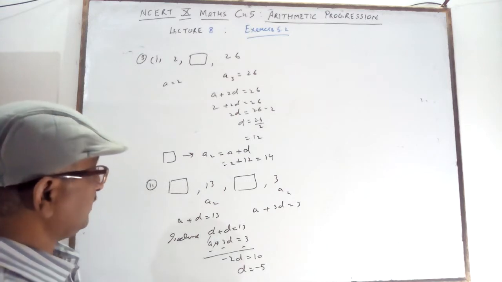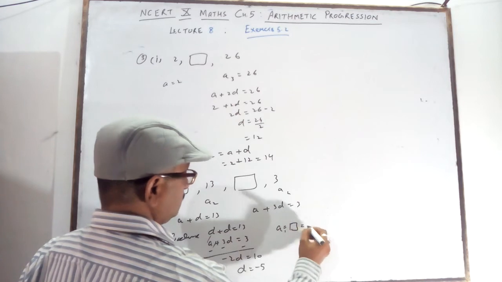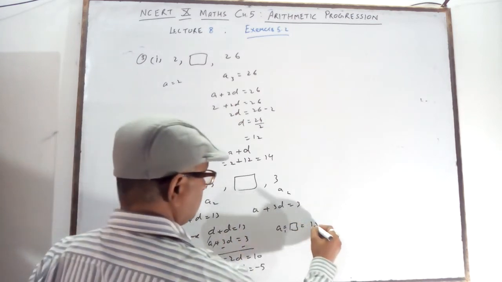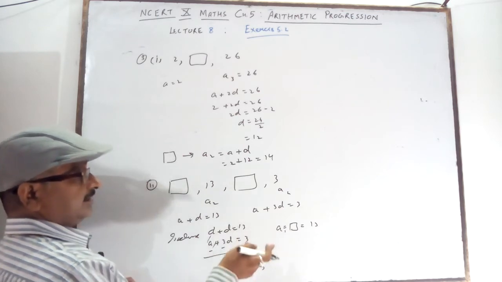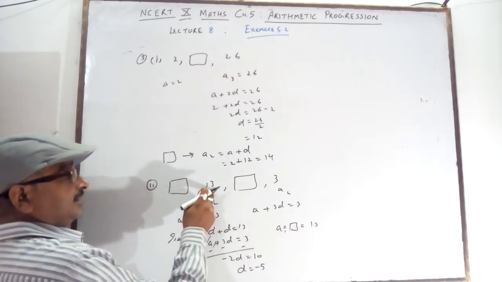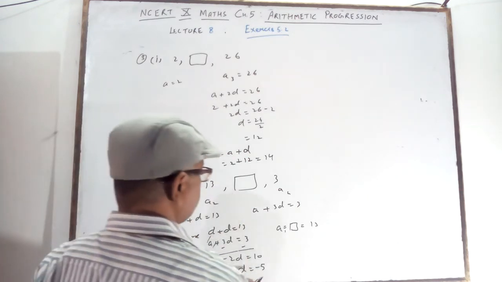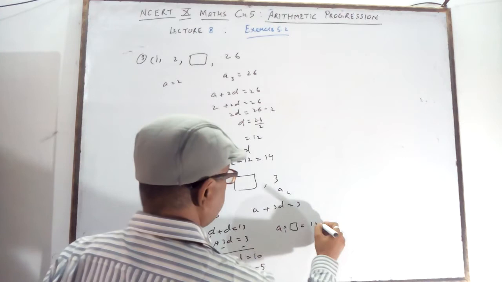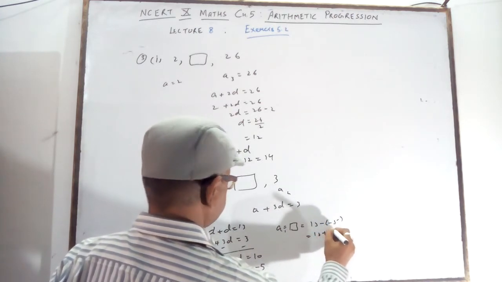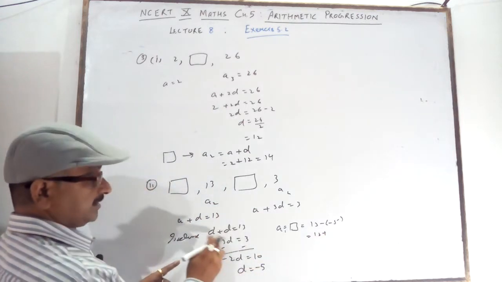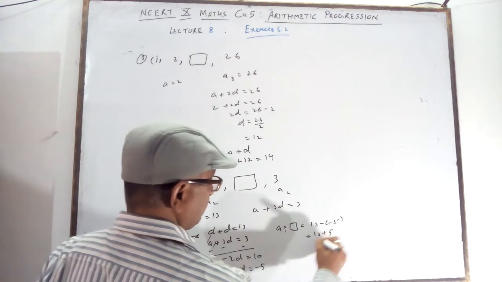If d is minus 5, so first place a1 is equal to 13 minus the common difference. Put the value minus 5 here. 13 plus 5 is 18.